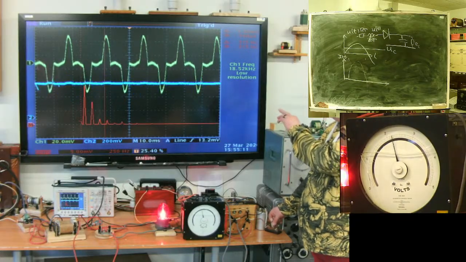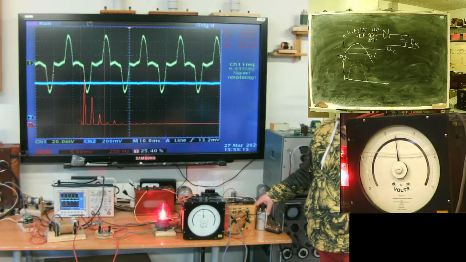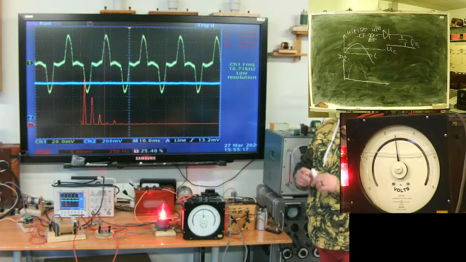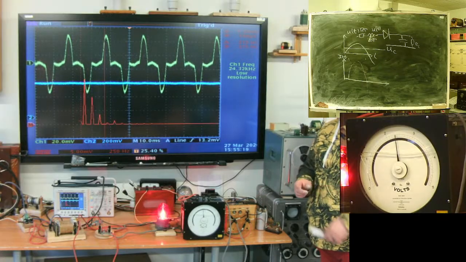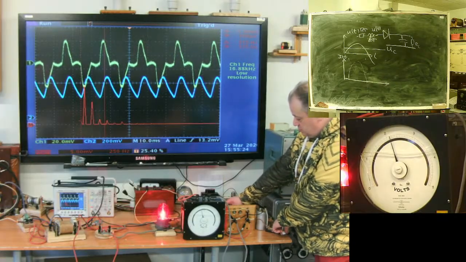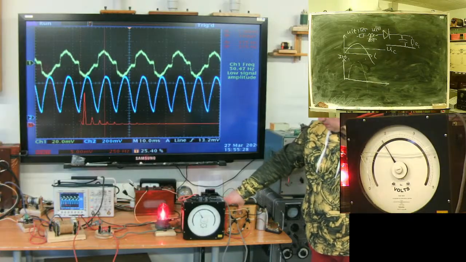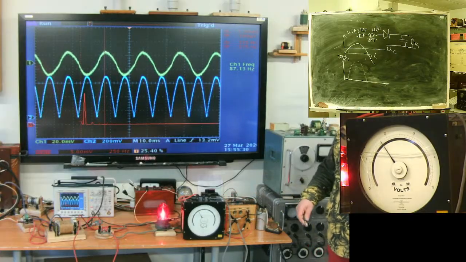On the AC side, the higher the capacitance of the filter, the shorter the period of current flow. Look, tiny filter, 80. No filter at all.